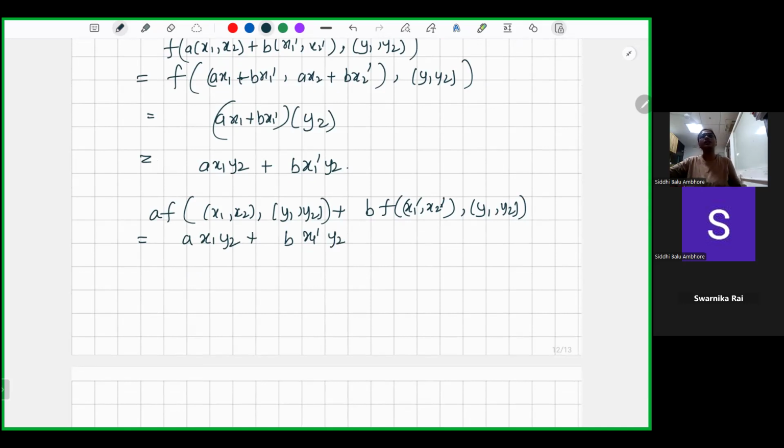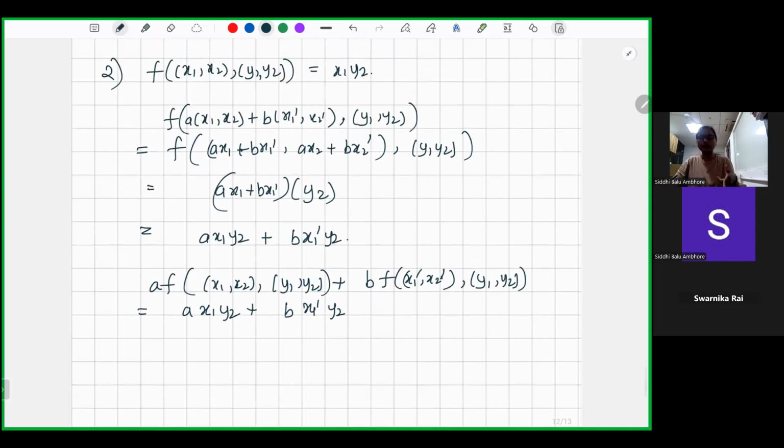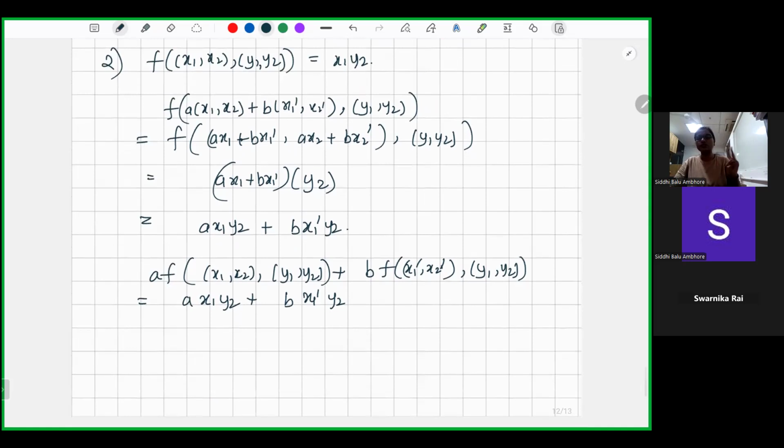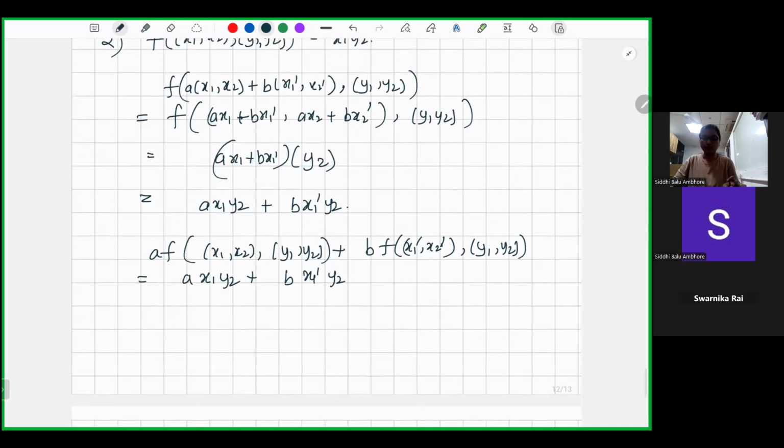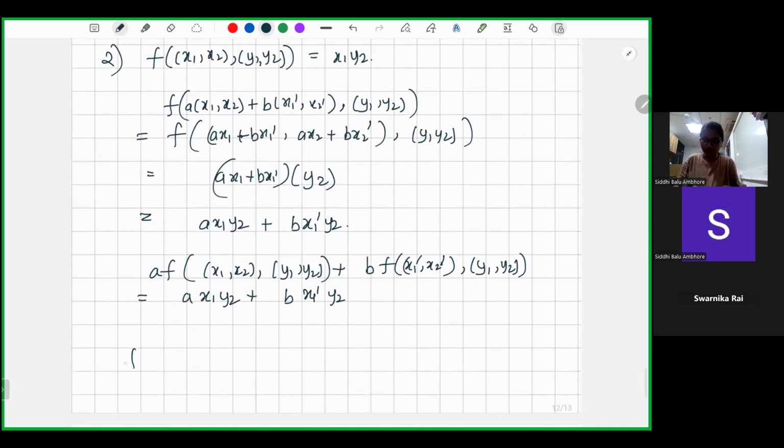And we can also check it for the second coordinate, and it will be a bilinear map. For symmetry, we have to check whether, if we switch, we get symmetric or not. So yes, it is a bilinear map.